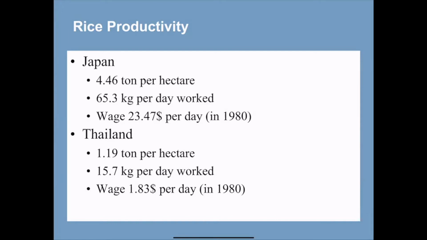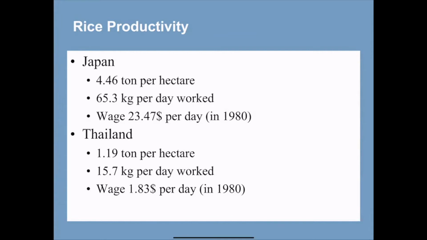So in this case, if you see the use of resources, using the same amount of land, in the same amount of time, Japan can produce 4 times more than Thailand, okay, in terms of area. The second, because in growing rice, they need to use both land and labor, okay?